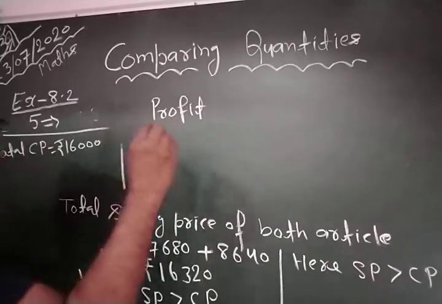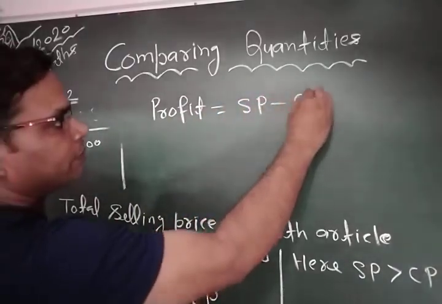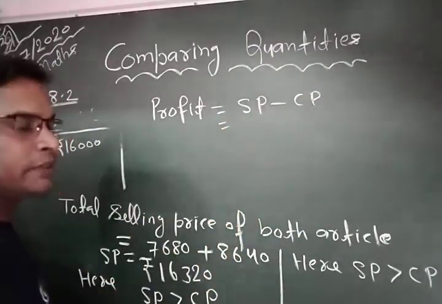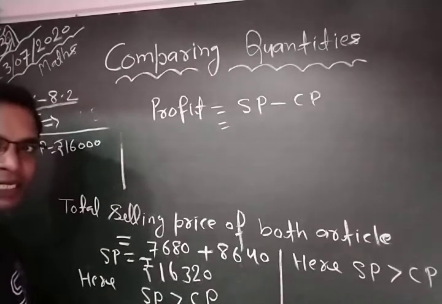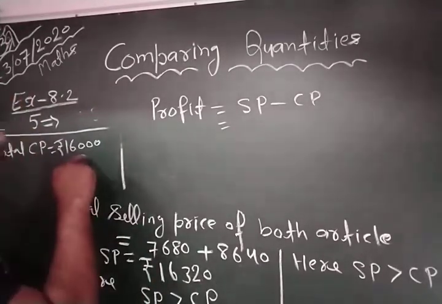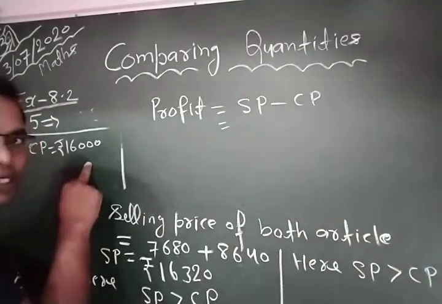Profit is equal to SP minus CP. SP is selling price, CP is cost price. Cost price is given as 8,000 each for TB and BCR, so the total cost price of TB and BCR is 8,000 plus 8,000, which is equal to 16,000.